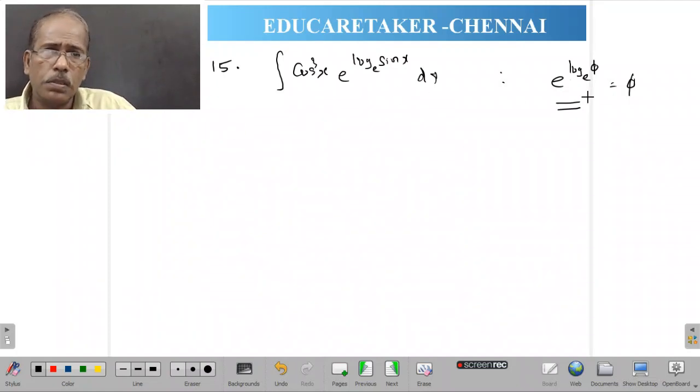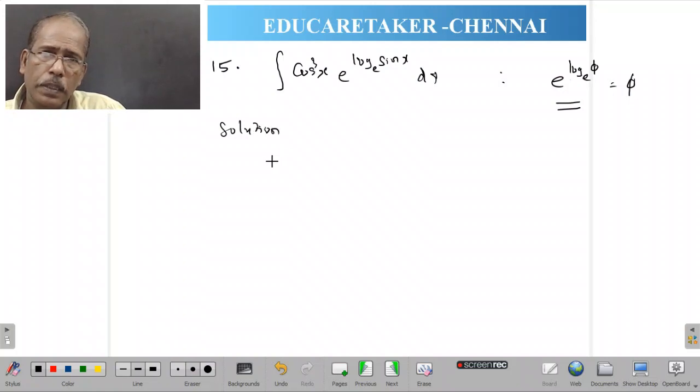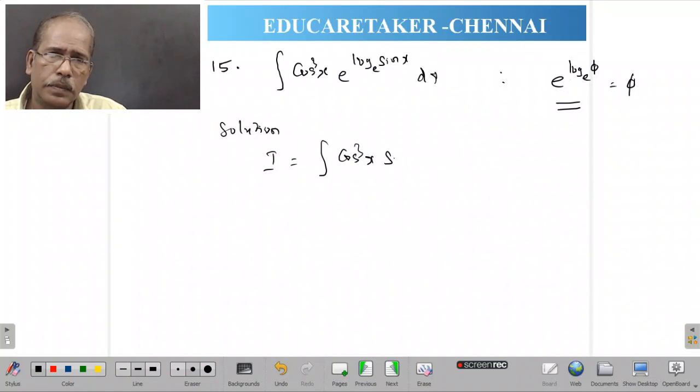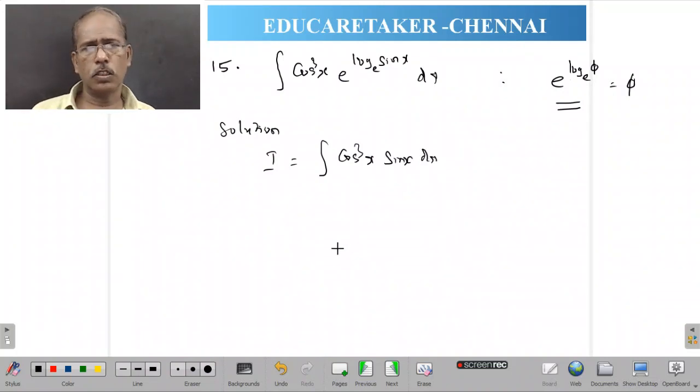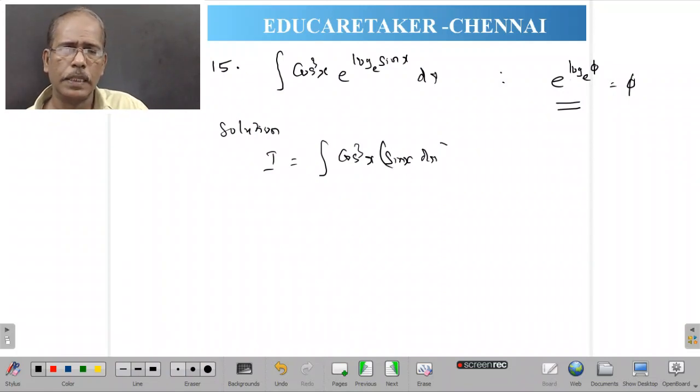Okay, now using this formula, we can rewrite the given integral as follows. Cos cube x, what about the second factor, sin x? Cos cube x and sin x, we can separate sin x dx.